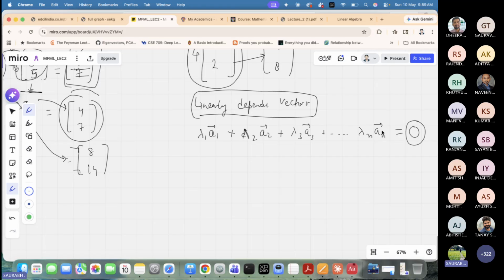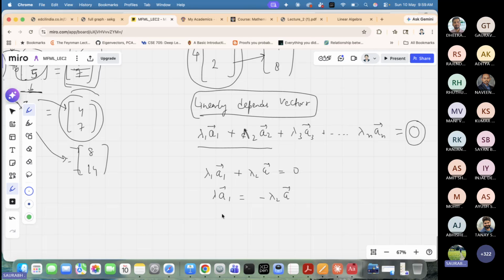Okay, what do I mean by that? This is a formal definition of linear dependence, but what do we mean by it? Think of it more intuitively. Let's say we consider only the first two. What we are saying is lambda 1 a1 plus lambda 2 a2 is equal to 0, which means lambda 1 a1 is equal to minus lambda 2 a2, right?